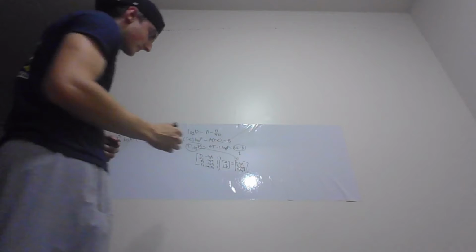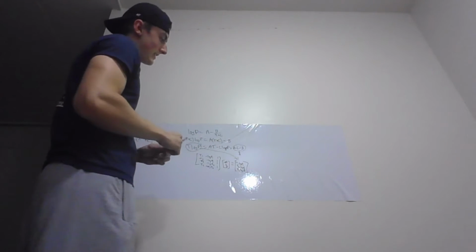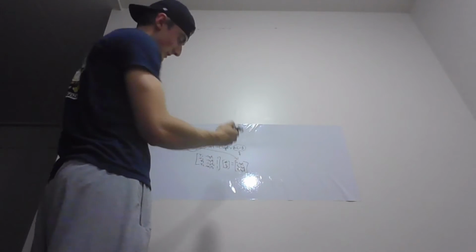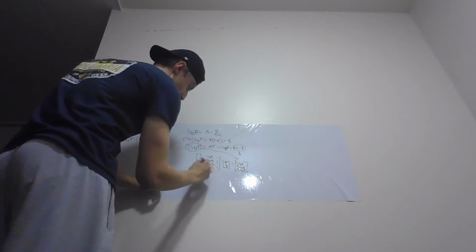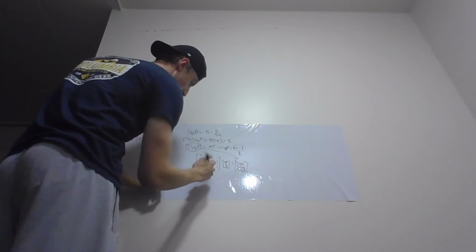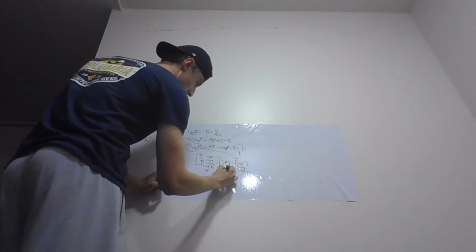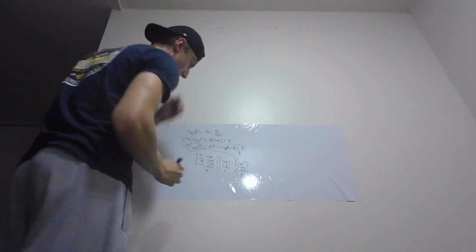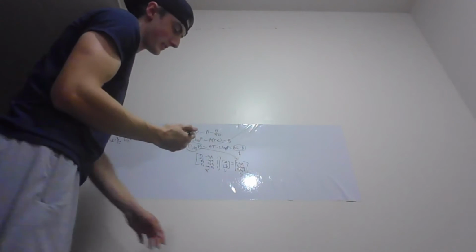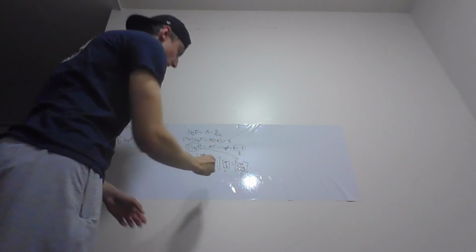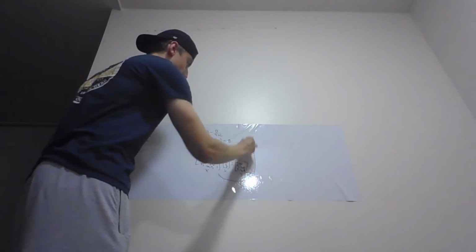Alright, so now let's label this as x, this is v, this is y. To make this into linear regression, we're going to take this to the top over here.